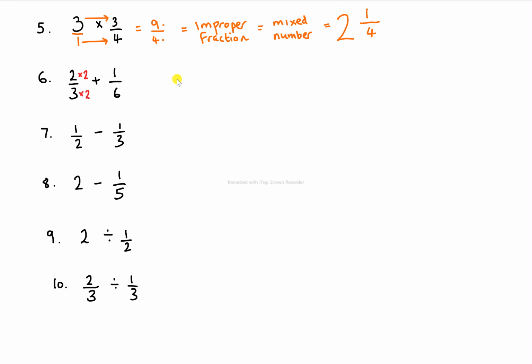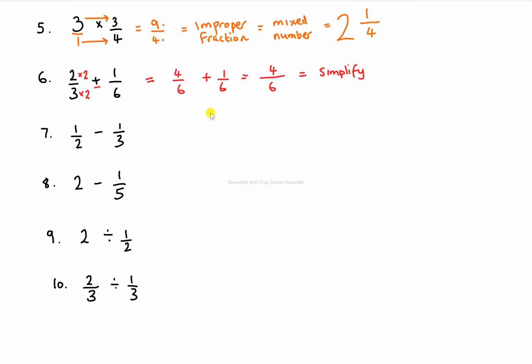And then I've got this plus here, plus 1/6. Now listen carefully, because the denominators, these bottom numbers, are the same, I put that there. And then I do 4 plus 1, which is 5. Now I can simplify it or write it in its simplest terms.